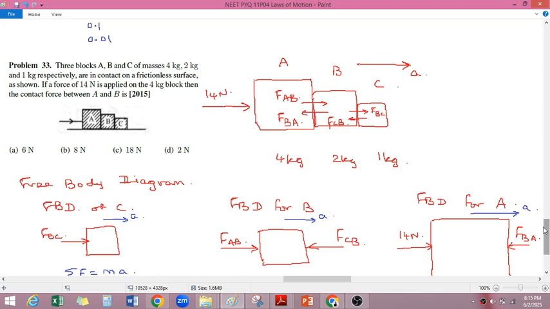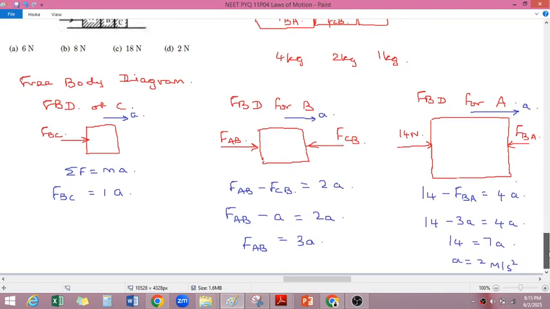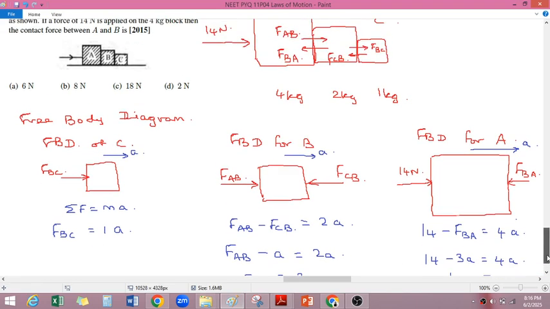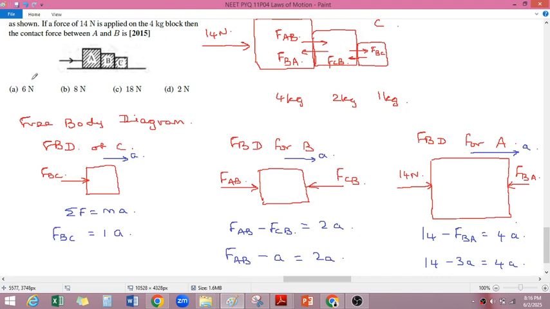Oh, they didn't ask a, they asked you to find the force. So a is equal to 2, and FAB or FBA is 3 times 2. So 3 times 2 will be 6. So 6 is your answer. You see, I was about to choose this one. I realized that luckily they have given Newton.